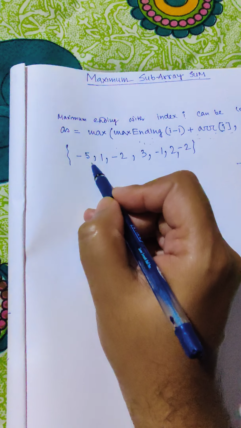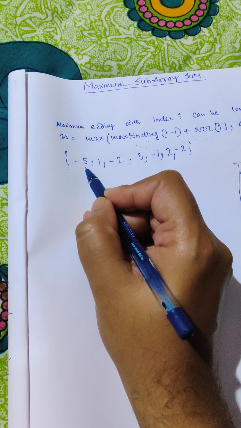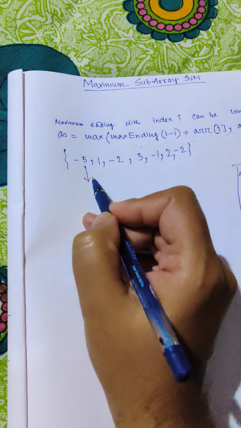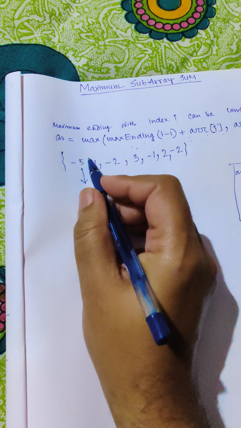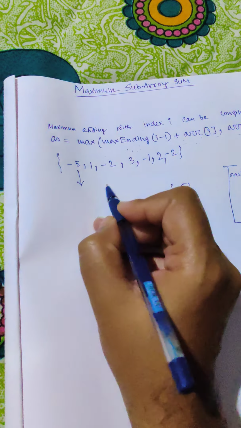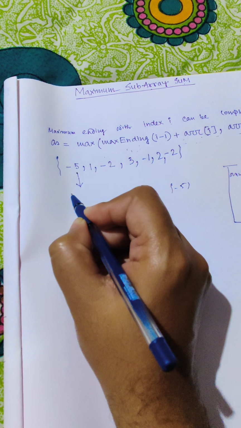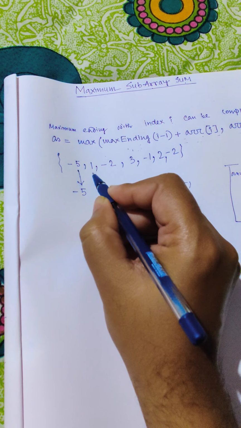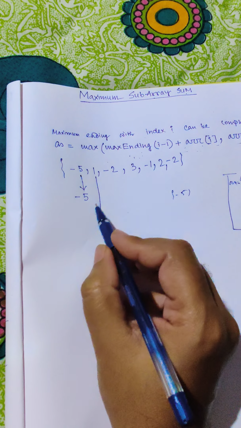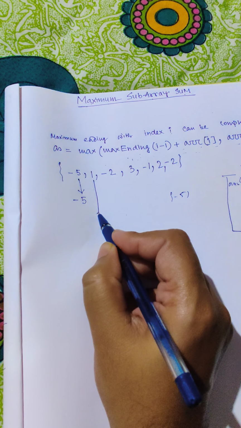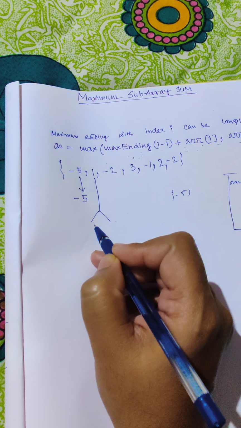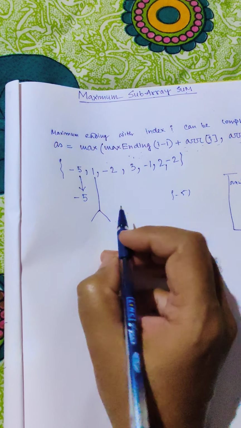in a different manner. Suppose we have -5, which is the first element, and we want to find the sum of a subarray which has -5 only, right? So what is going to be the result? -5. Perfect. Now if we have 1, what is going to be the summation of this subarray? We have two choices.